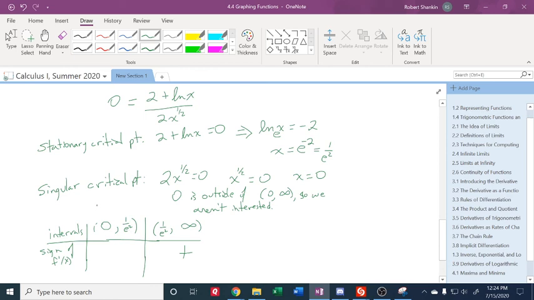And let's try using x equals 0.0001. We know that that's smaller than this.